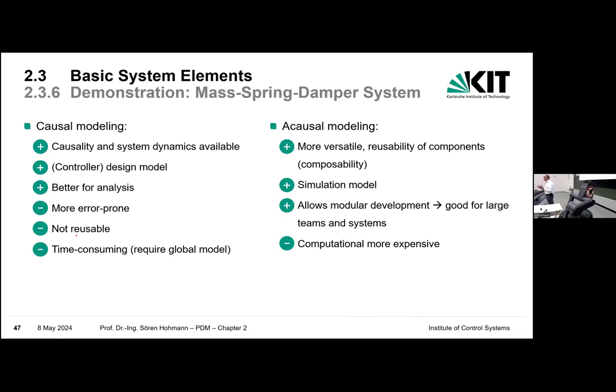Then you have a more complex model for simulation, usually, and a second model for design purposes. It's quite typical. You have at least two models in such things. And if you're interested in how to organize all these models, again, the two other lectures are highly recommended for understanding this.